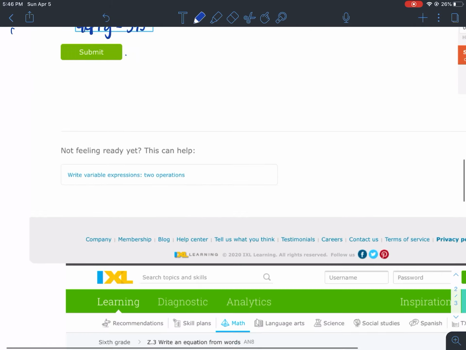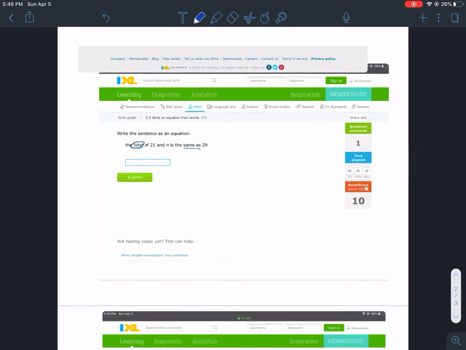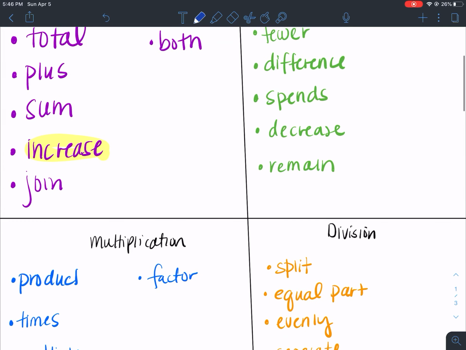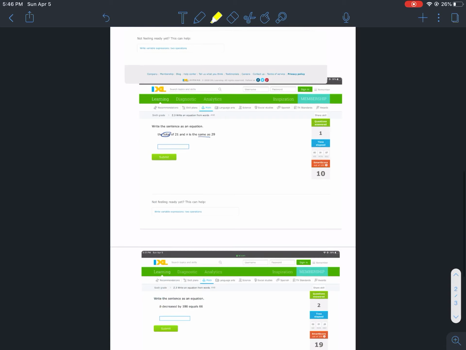So let's look at another type of question. It says the total of 21 and n is the same as 29. So if I go back to my keywords, I look for the word total. I already see it. Total means addition. Okay, you see how these are going to help you? So I go back here.